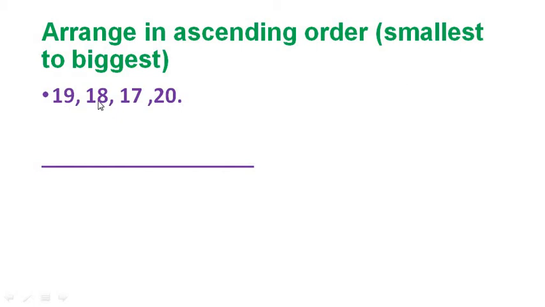Look, I have arranged these numbers as per ascending order. First the smallest, then bigger, bigger, and after that the biggest: 17, 18, 19 and 20.